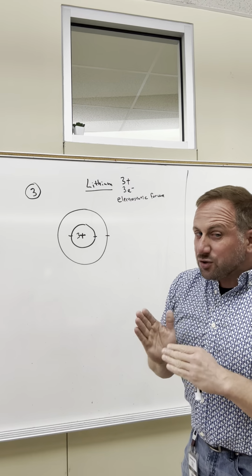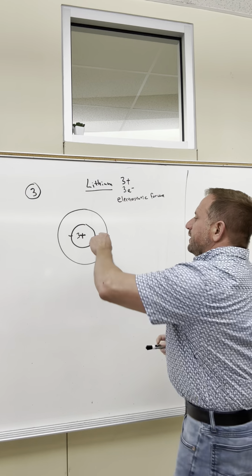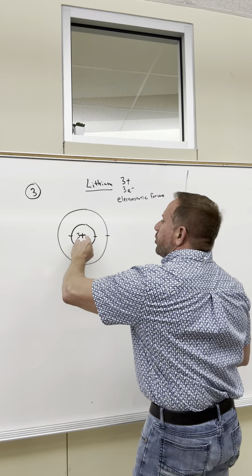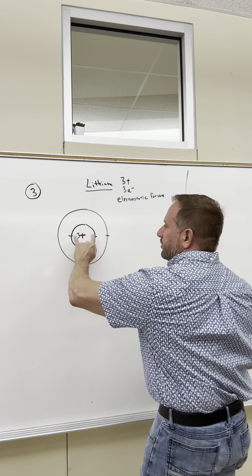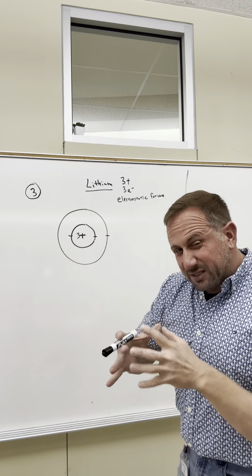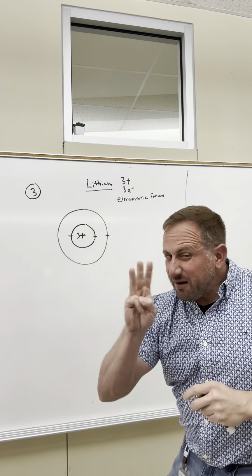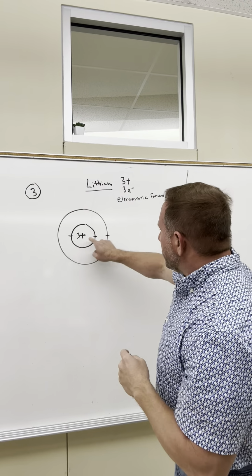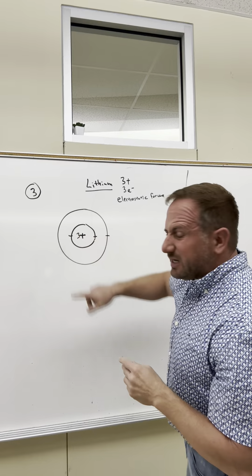Okay. So what we have is lithium. With lithium, we've got 3 protons pulling in on 2 electrons here, and they're pulling them in really, really tightly. Now we've got the same 3 protons pulling in on this 1 electron out here.